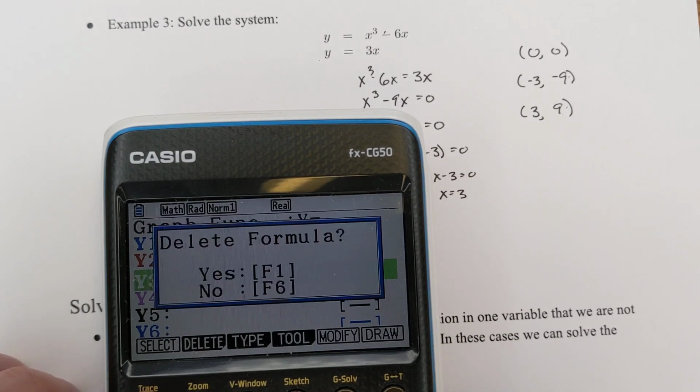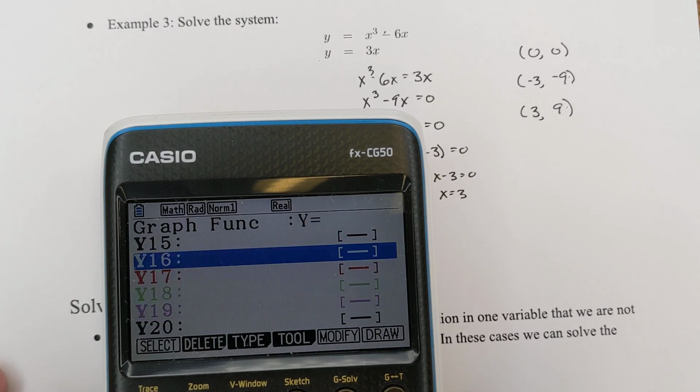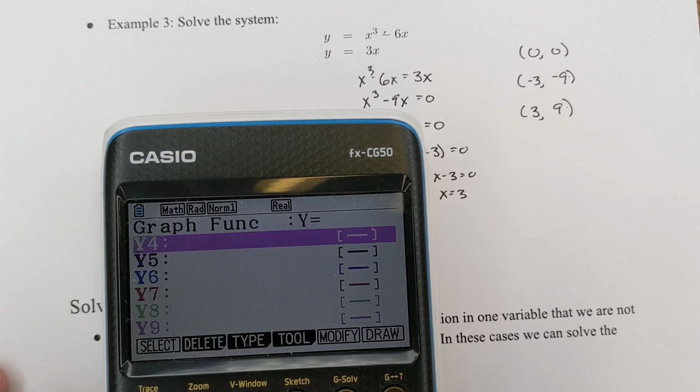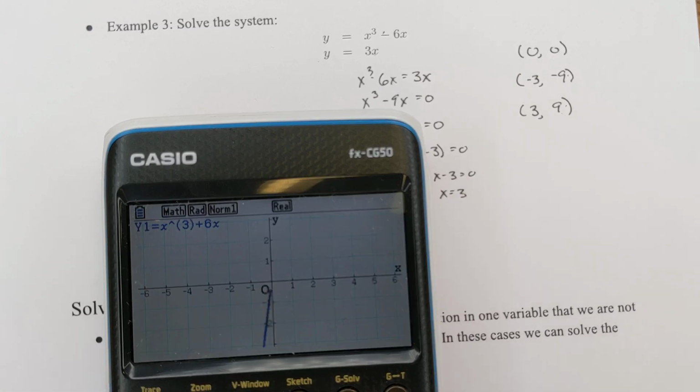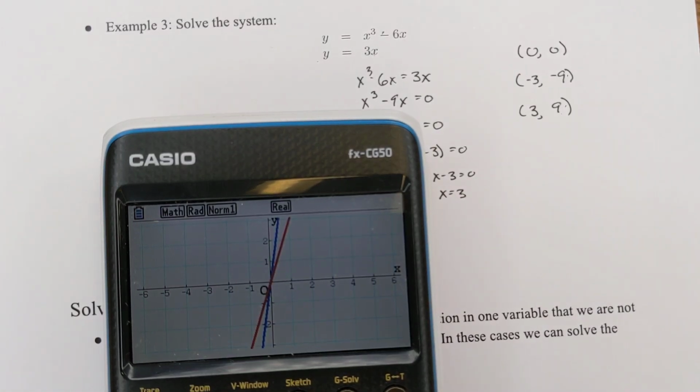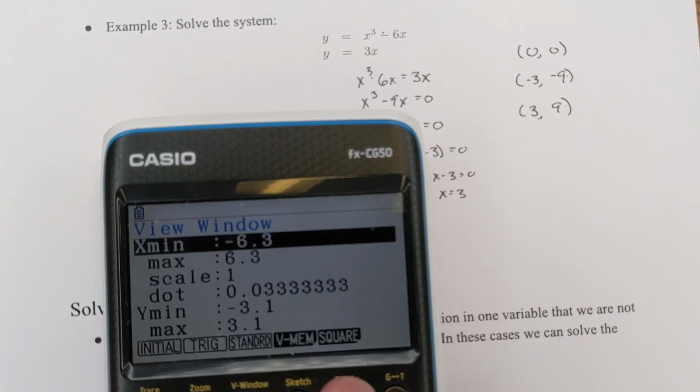Oops. X cubed plus 6, whoops, minus 6x and 3x, and draw the graph. Let's see, review window, initial, nope, standard, that's a good one.